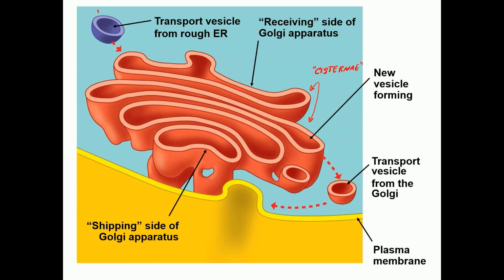Another thing that happens, though, is that the packages get modified there. All the cellular products get modified there because sometimes you need more than one polypeptide to make a complete protein. Hemoglobin, for instance, needs 4 different polypeptides to be folded together in a particular way to make a functional protein. A lot of times, the multiple polypeptides will find each other here at the Golgi apparatus. Some proteins need to be modified as well.